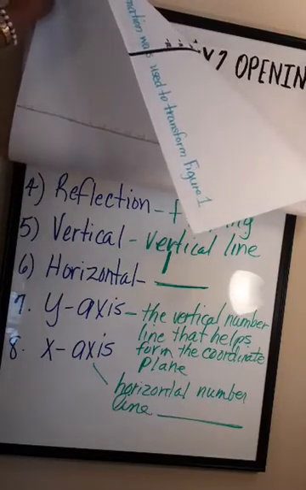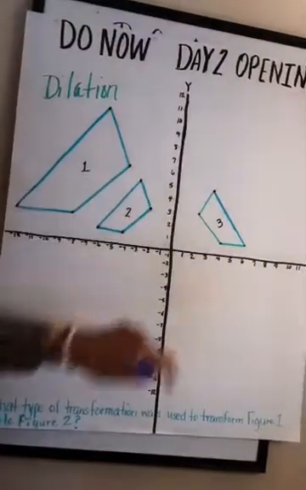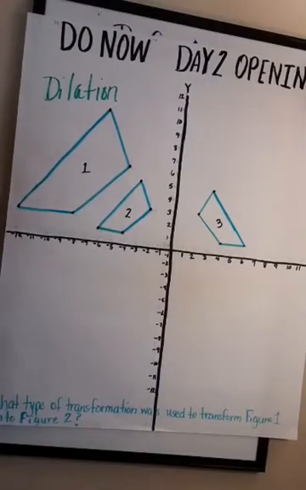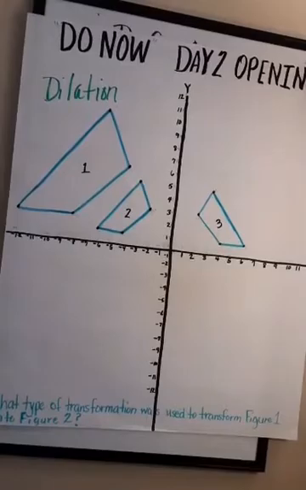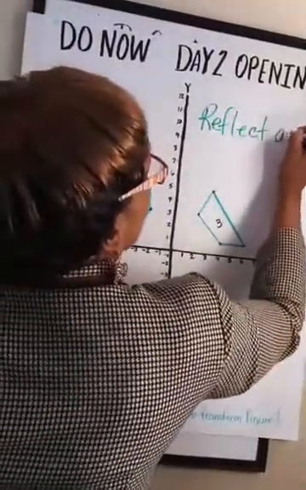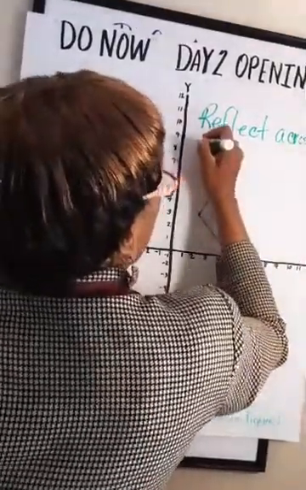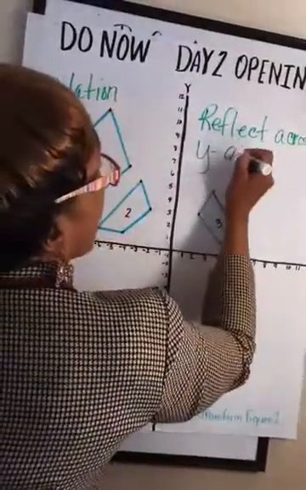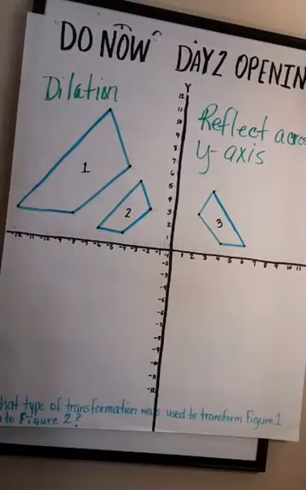It's at least 3 of these. What did you do to get from 2 to 3? You reflect across the y-axis.